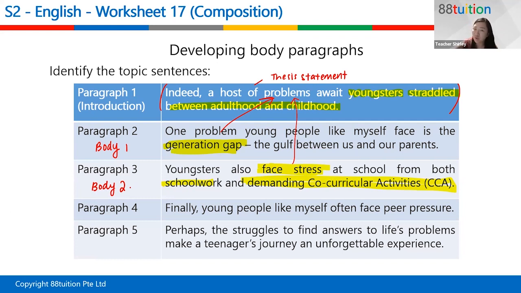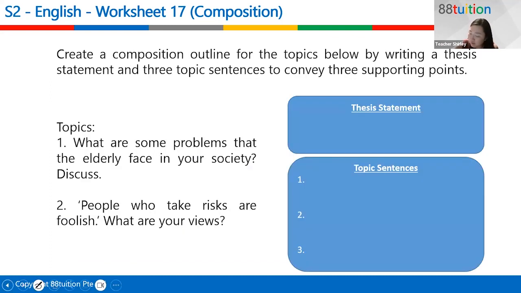So it is also considered quite a good topic sentence, and that means within the paragraph itself, you know that the writer is going to write about stress from schoolwork and CCAs. Now next one, body paragraph 3. So we are in paragraph 4, but it's actually body 3. Finally, it has been the last one already, right? "Young people like myself often face peer pressure."